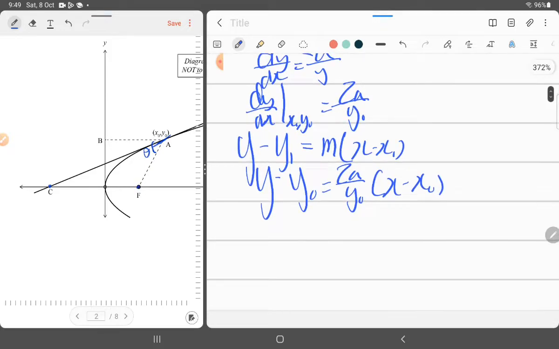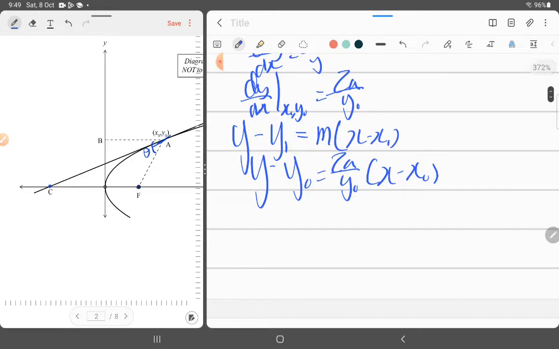So y take away y0, so x. So this point will be, y will be 0, take away y0 is equal to 2a over y0.